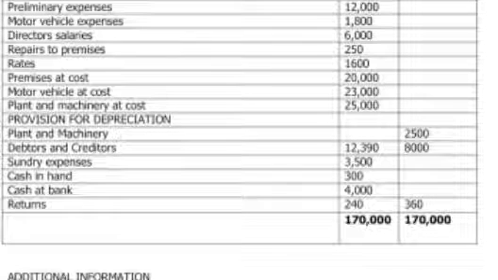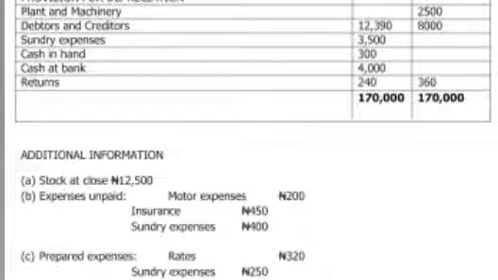Now, the additional information. Stock at close is 12,500. Expenses unpaid: motor expenses 200 naira, insurance 450 naira, sundry expenses 400 naira. Prepaid expenses: rates 320 naira, sundry expenses 250.